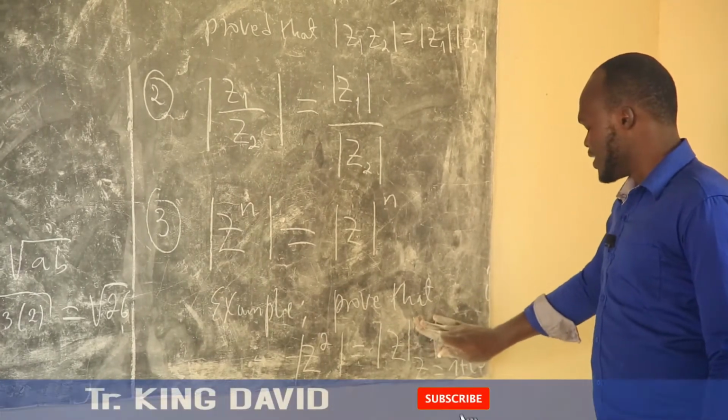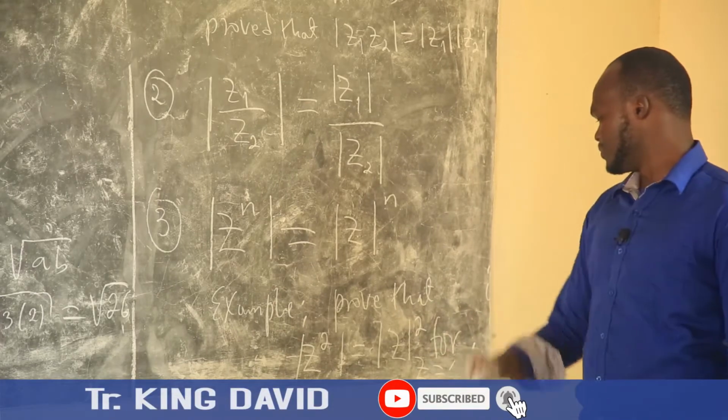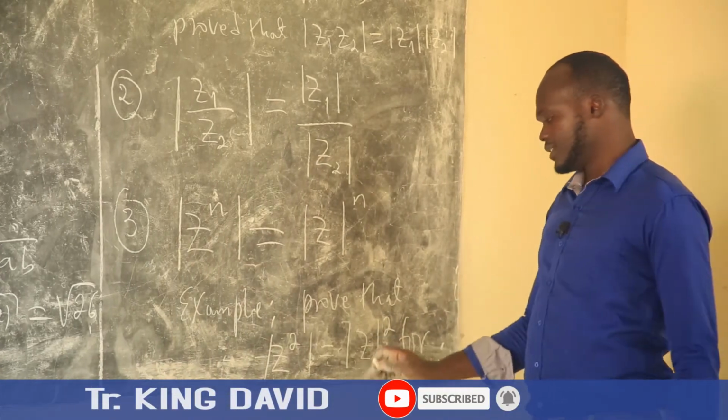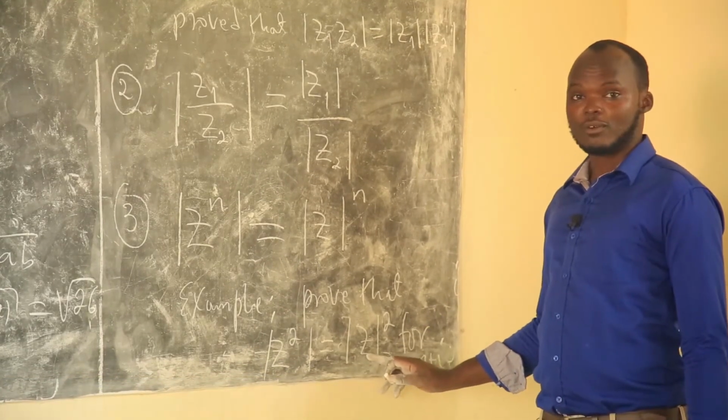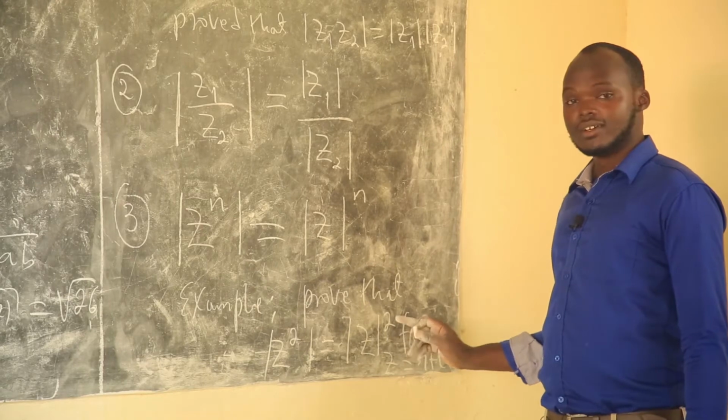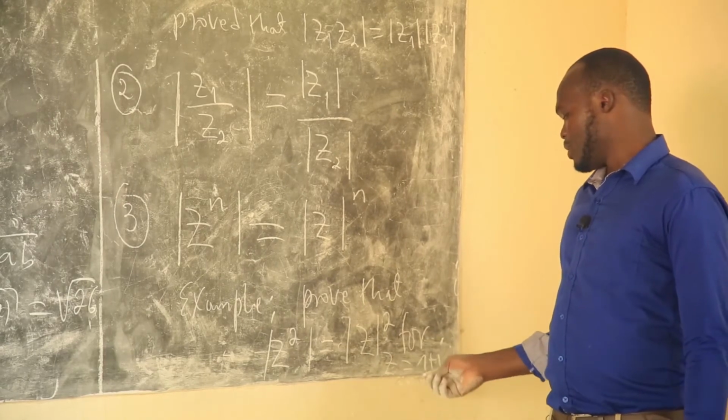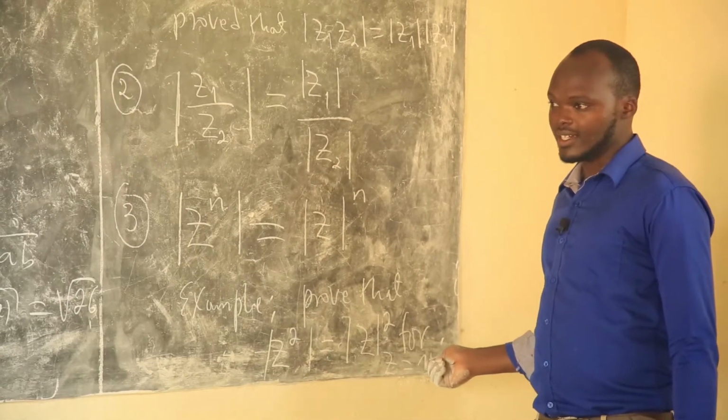Let us use n as 2. So we're going to prove that the modulus of Z squared is the same as the modulus of Z, then finally square that modulus, when Z is 1 plus i.